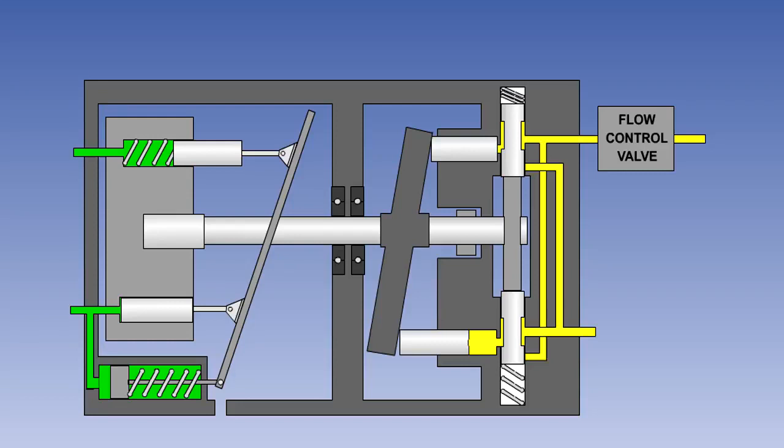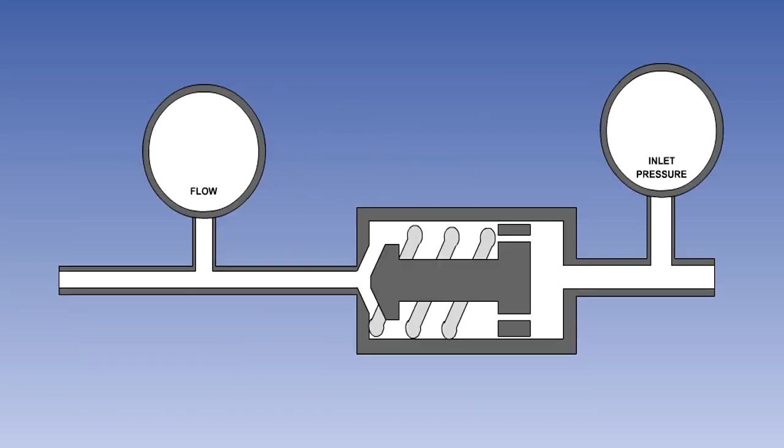A hydraulic motor will often have a flow control valve in the supply line to it. The purpose of this valve is to maintain a constant flow of fluid to a particular component, allowing it to operate at a constant speed, such as would be required in a trailing edge flap system. A simplified flow control valve is shown here.